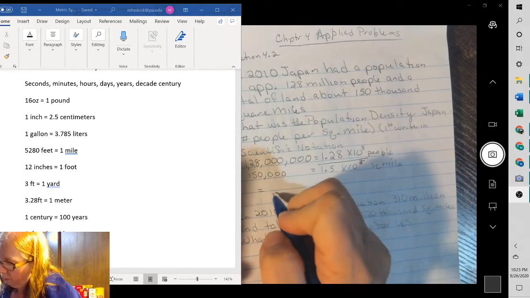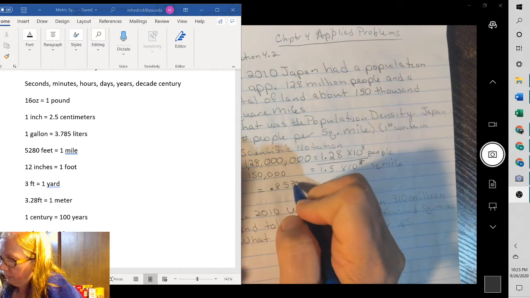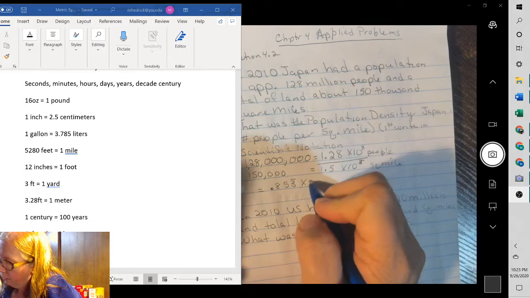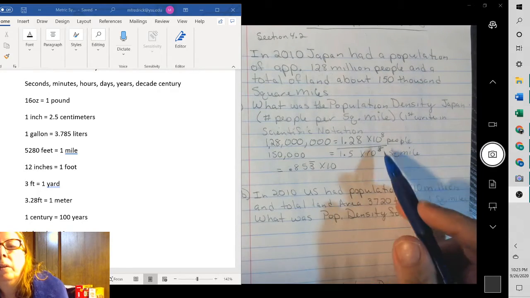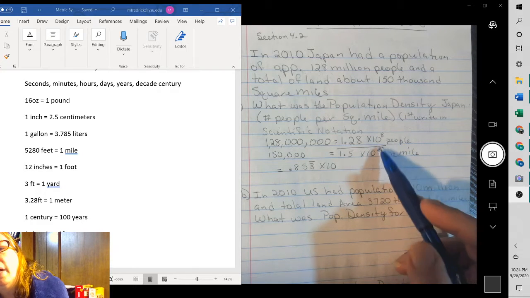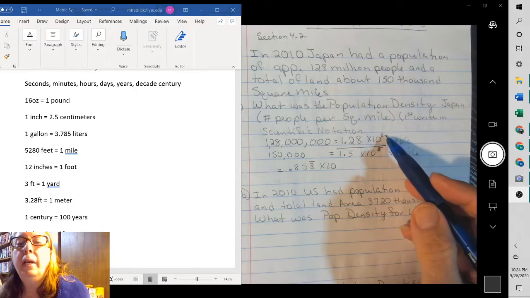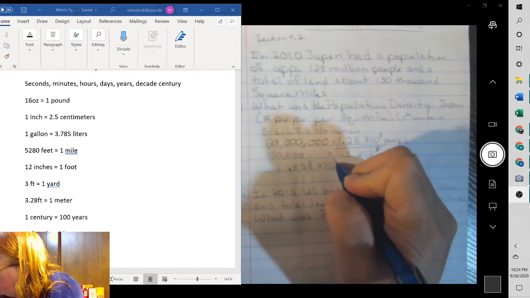We get 0.85 and then a 3 that repeats times 10 to the 8. When the bases are the same, you subtract the exponents. So 8 minus 5 is 3. So we have 10 to the 3rd.